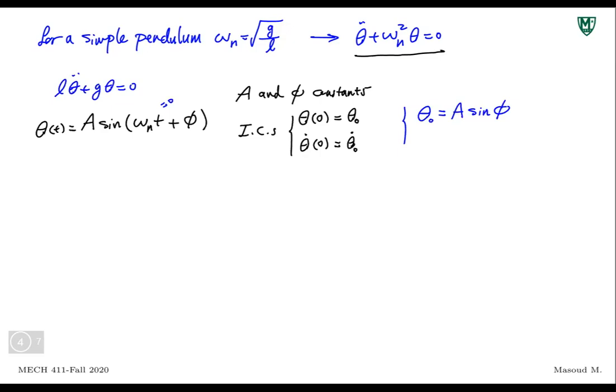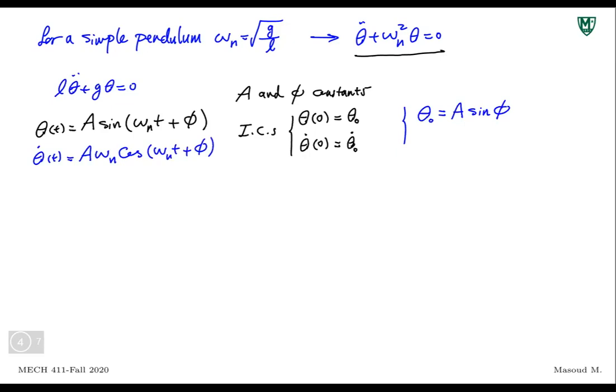Now take the derivative with respect to time. Theta dot of t: what is the derivative of this with respect to time? Phi is constant. Omega n t, whatever is the derivative inside, omega n, comes out. So I'll have A omega n, sine becomes cosine: cosine omega n t plus phi.